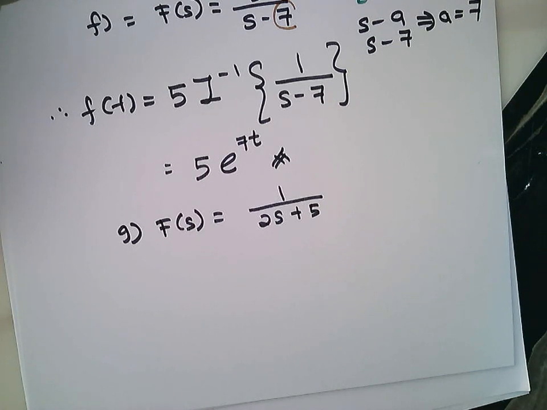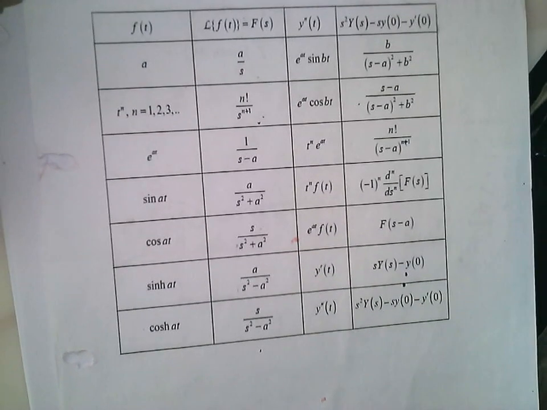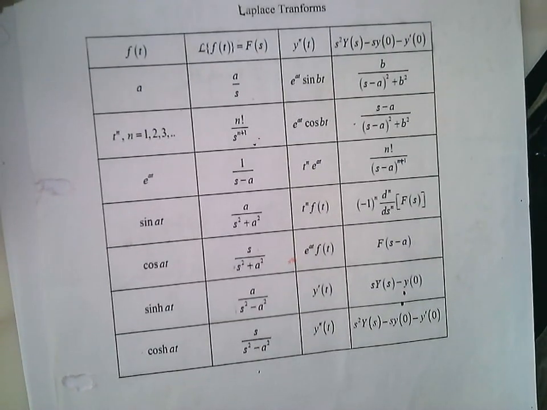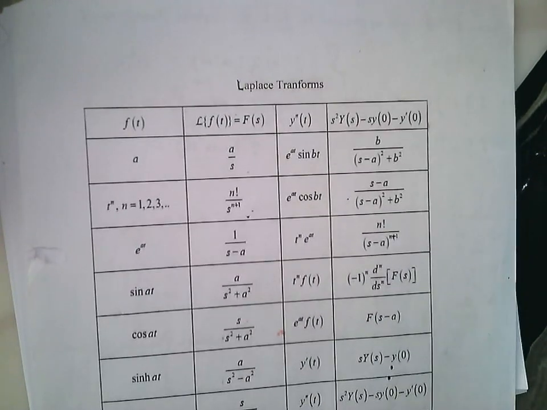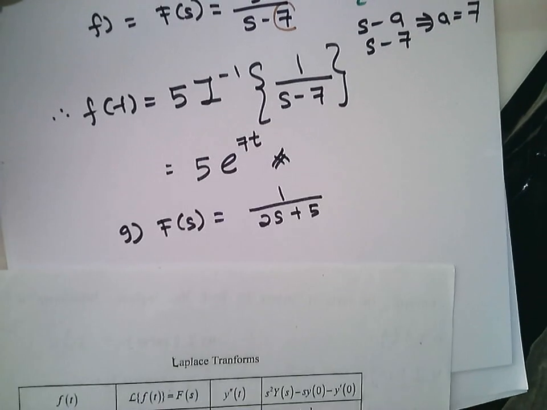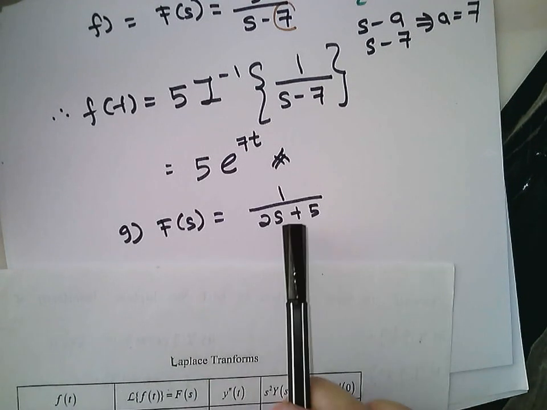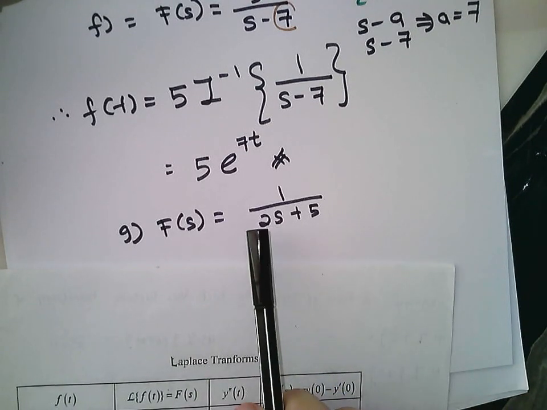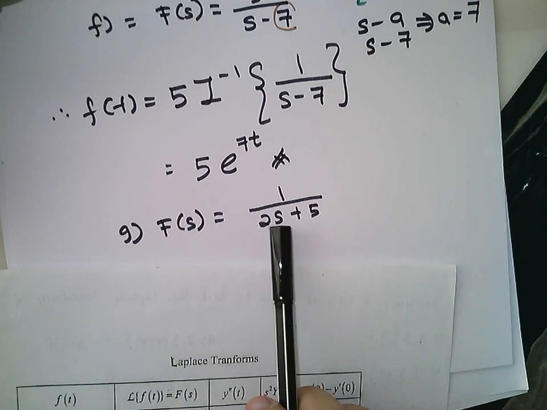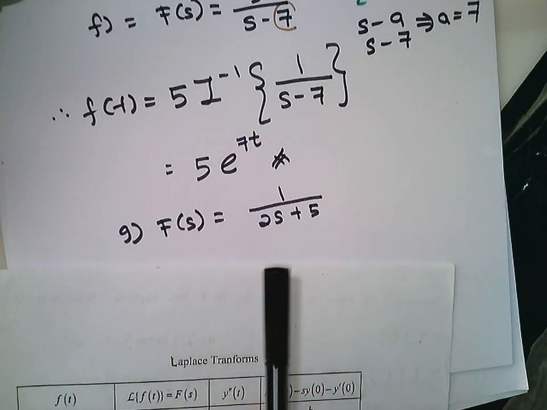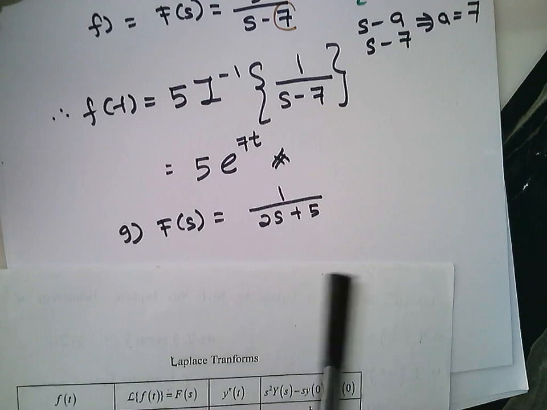Now if you compare with the table of the Laplace transform that you have, there is no such function equivalent to this one, where you have a constant in front of your s, and that constant is a value other than 1.